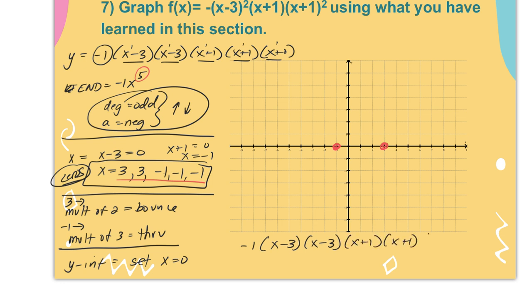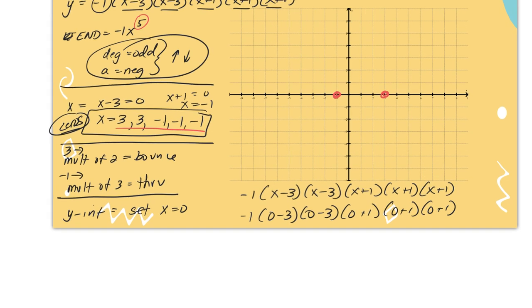Basically, every x is going to get set equal to 0. So 0 minus 3, 0 minus 3, 0 plus 1, 0 plus 1, and 0 plus 1. So -1, this is -3, -3, -1, oh no, +1, sorry.